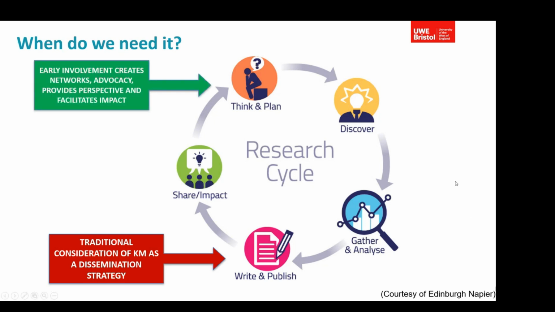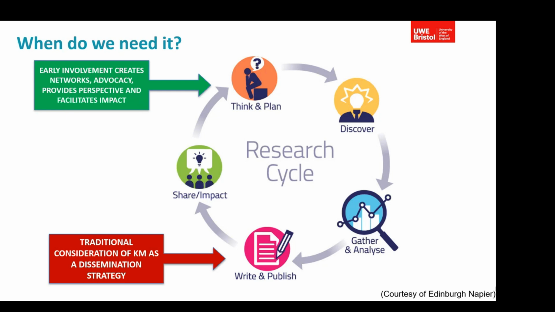And I think that we really need to think about KM as starting at this very early part of that research cycle, when we're really thinking about ideas and those problems that we're wanting to capture and wanting to address. And I think that early involvement really helps us to create the networks that are necessary for successful KM.